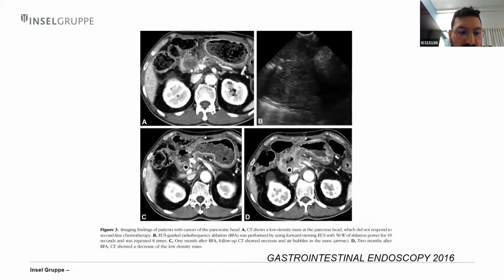Here you have another example, also pancreatic head cancer. Image B is the EUS with application of the RFA, and then you can see one month after RFA in image C, necrosis and air bubbles in the mass, and two months after, showing a decrease of the low density mass.